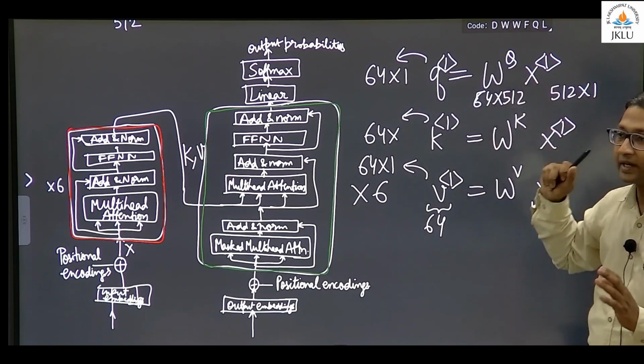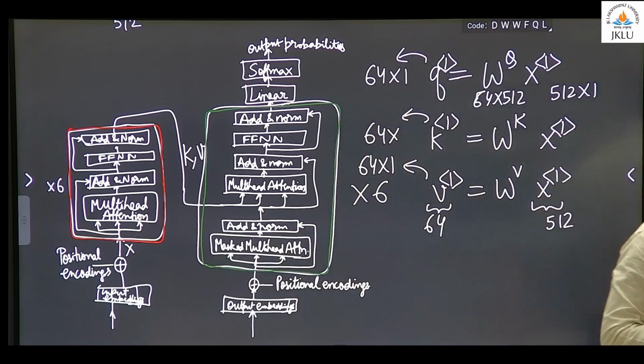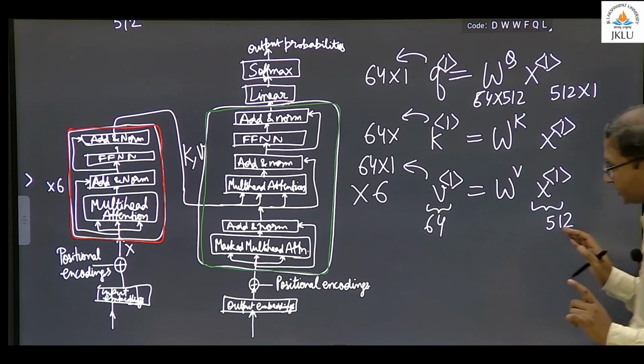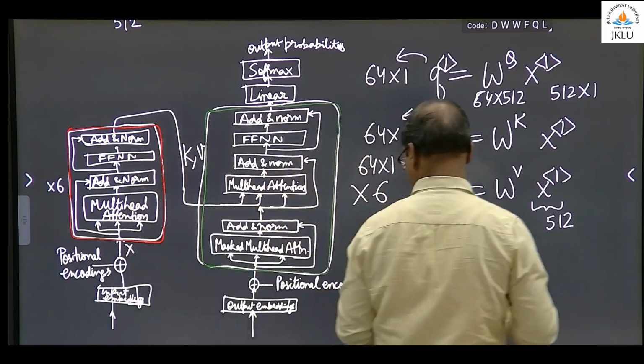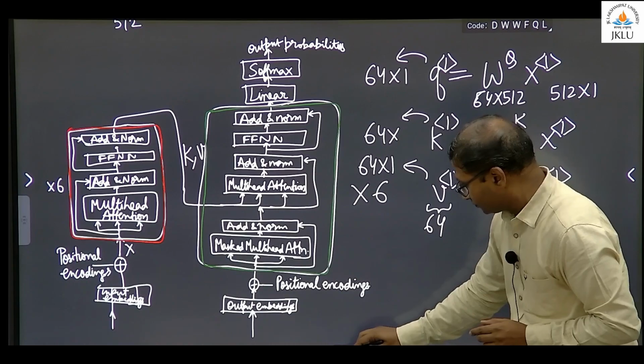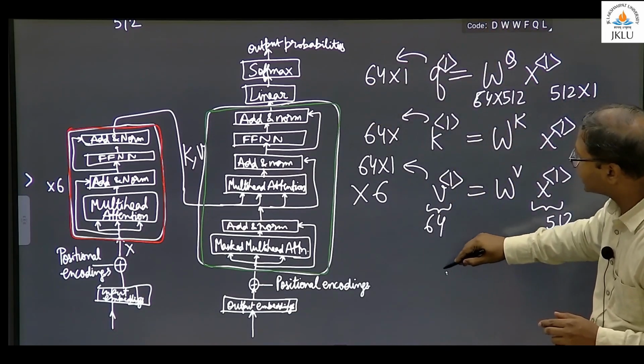These things are happening at which level, which place? Have we computed the self attention yet? No, we have not computed the self attention. So how do we compute the self attention? This is something that we did yesterday. Remember that equation and those things I had drawn? How do you compute the self attention in this case now?